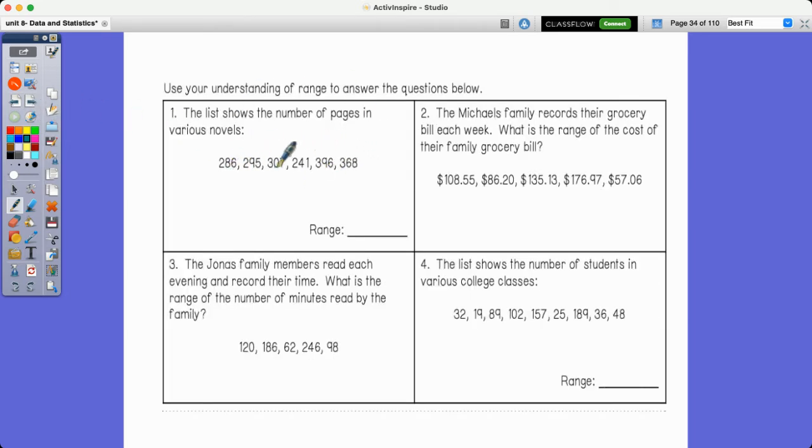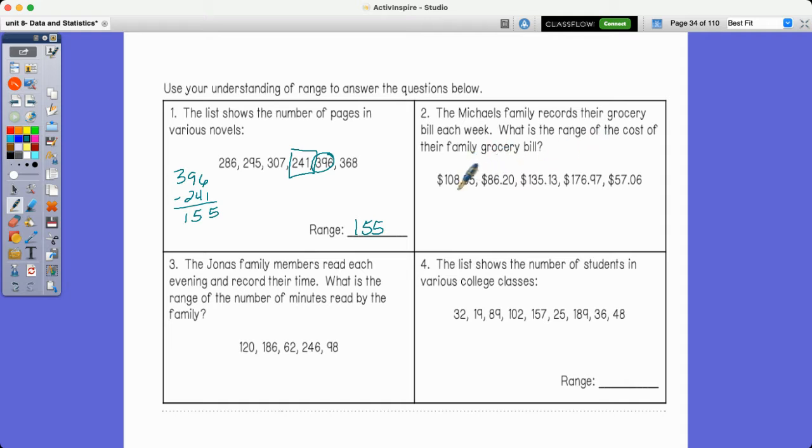So you're going to find your biggest page, and you're going to find your smallest page right here, and you literally subtract them. The biggest thing here is making sure you get the right numbers. None of this is going to be very hard.